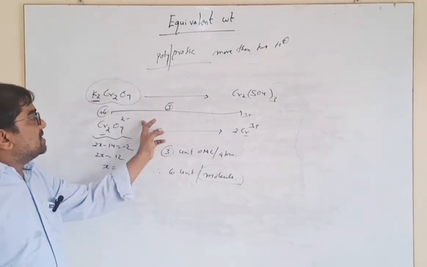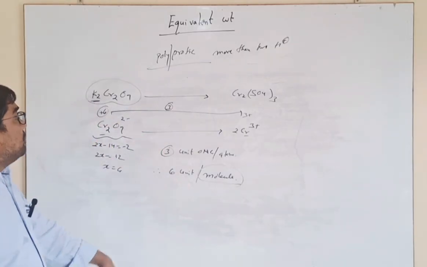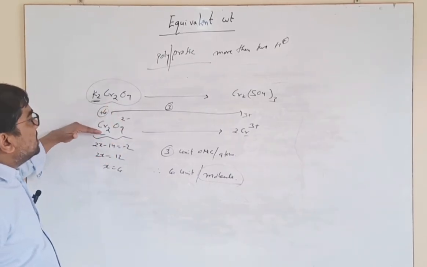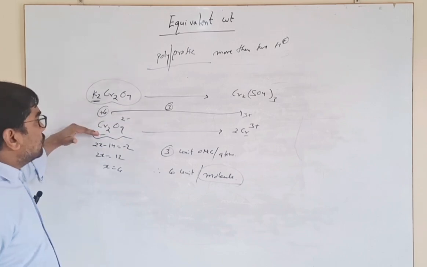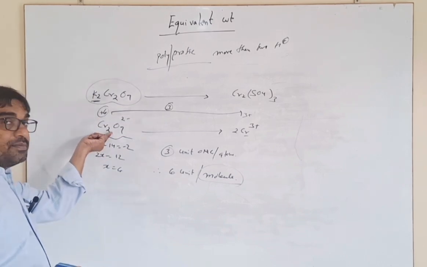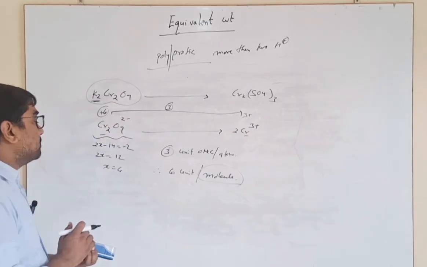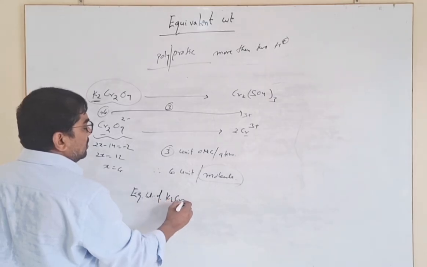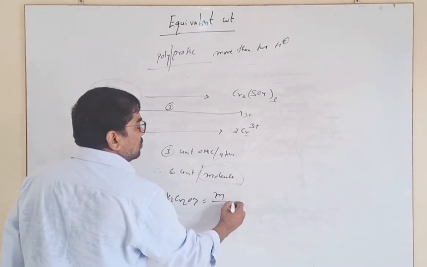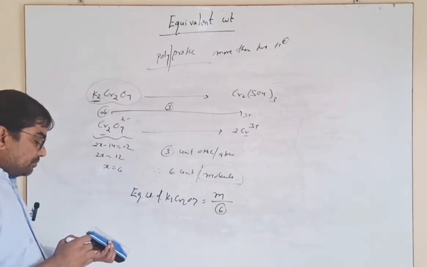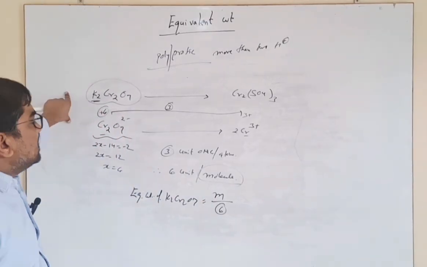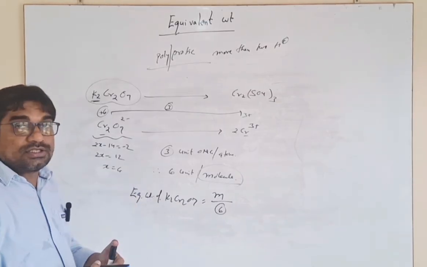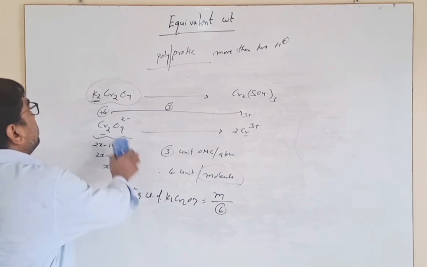So there will be a change in oxidation state of 6 units because in one potassium dichromate 2 chromium are present. One chromium has a change in oxidation number of 3, so 2 chromium have 6. Therefore, the equivalent weight of K2Cr2O7 will be its molecular weight divided by 6. So for oxidizing and reducing agents, the total change in the oxidation number per molecule will be considered.